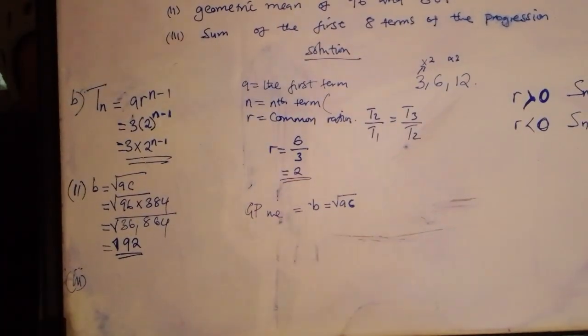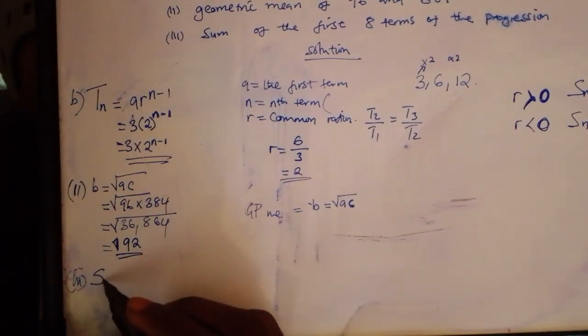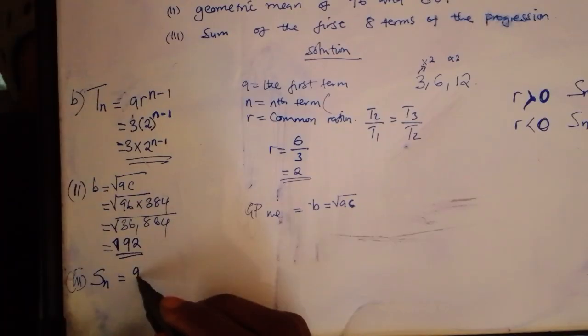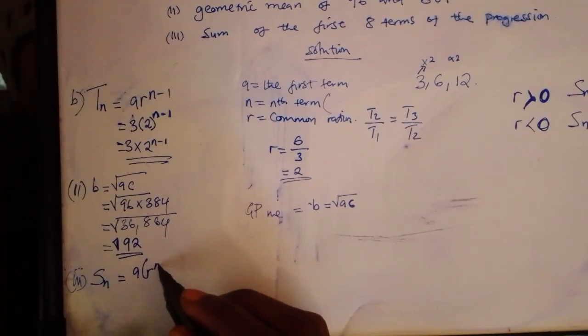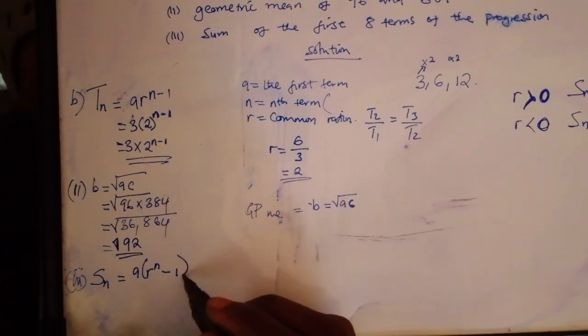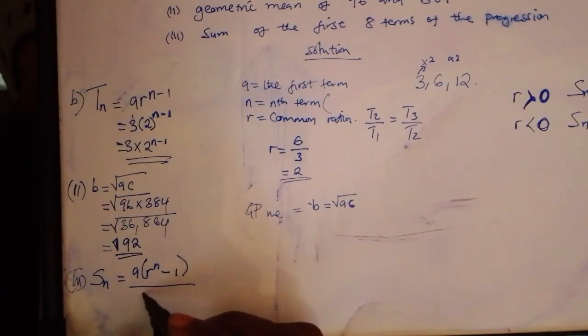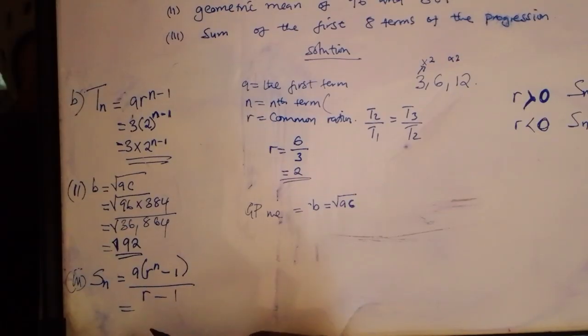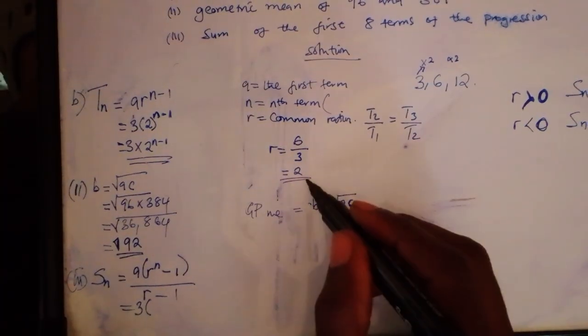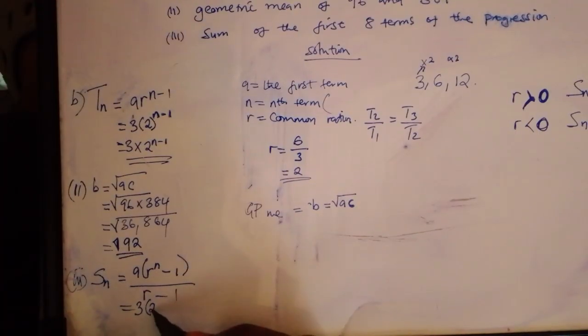So how can we calculate the sum of the first 8 terms? I told you, whenever we have the common ratio which is above 0, we use the first one. So you say the sum is equal to a(r^n minus 1) divided by r minus 1. What is our first term? Our first term we said is 3. What is our common ratio? Our common ratio we find to be 2.